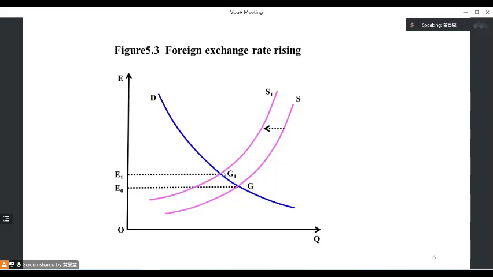This will cause the equilibrium point G to move to G1.